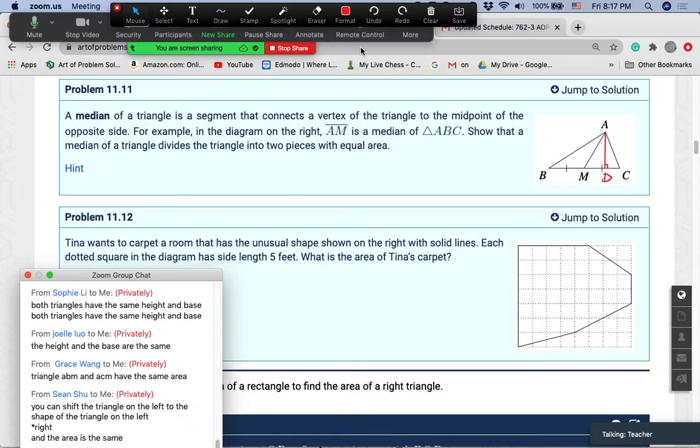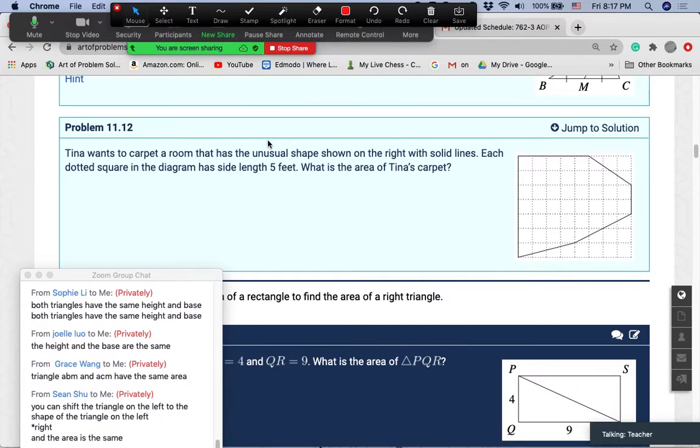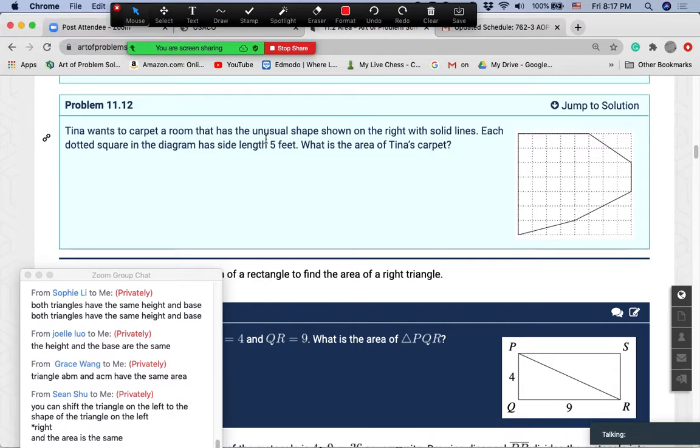Okay, now let's go to 12. Problem 12. This one says Tina wants to carpet a room that has an unusual shape shown on the right with solid lines. Each dotted square in the diagram has a side length of 5 feet.